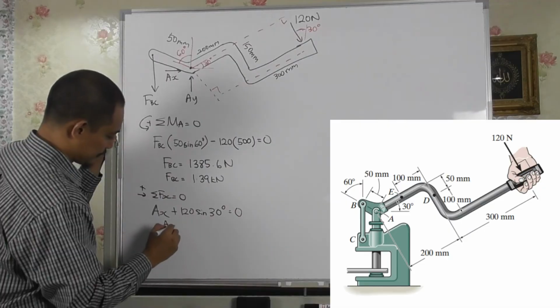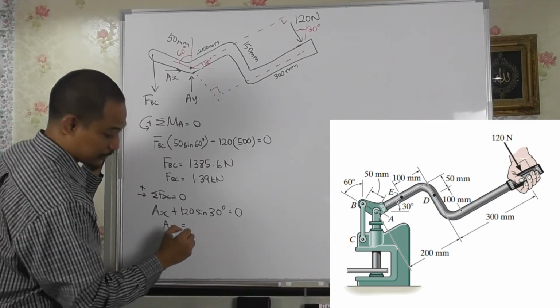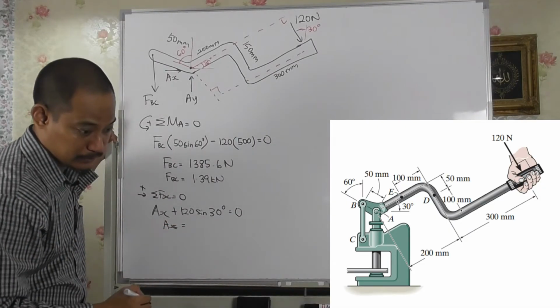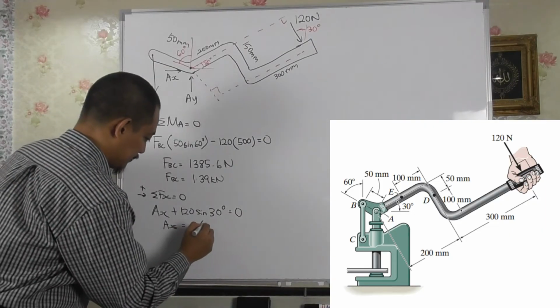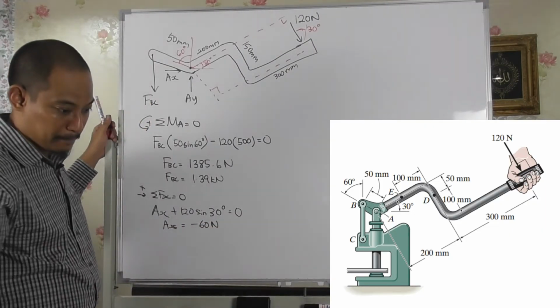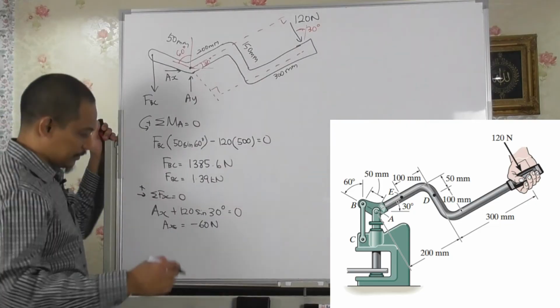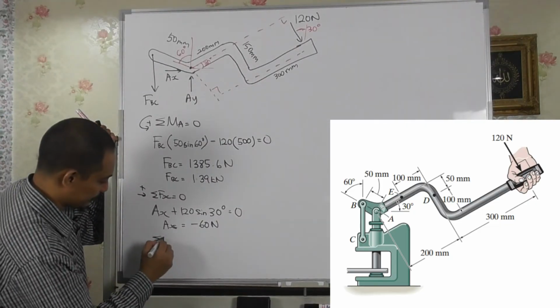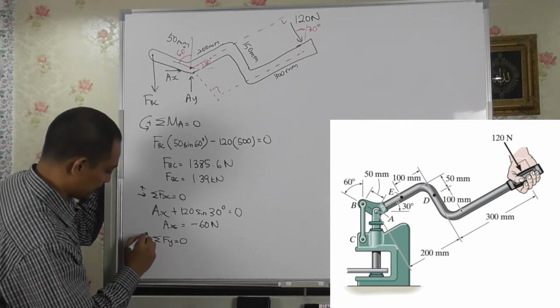So Ax will be negative according to this one, so negative 60 Newton, right? And then summation of Fy equal to 0, upwards as positive.